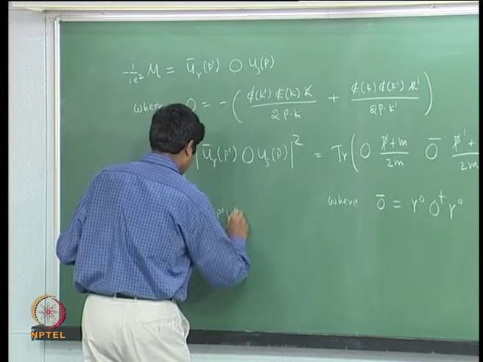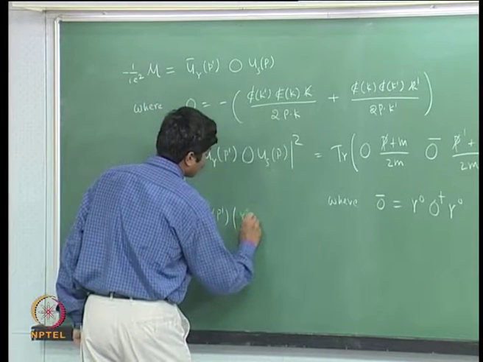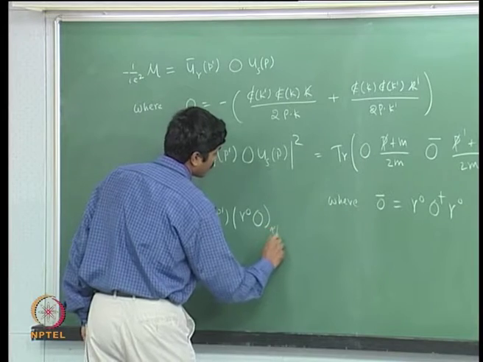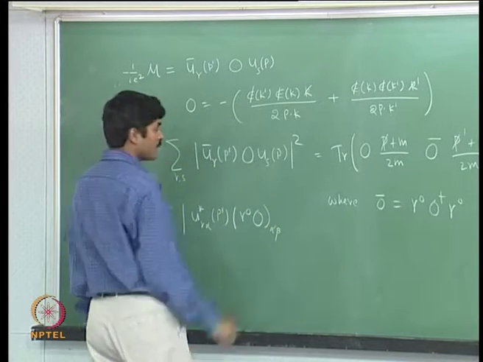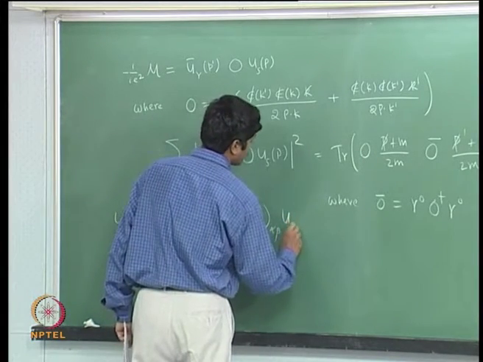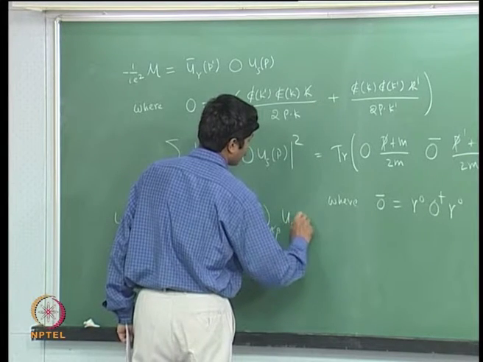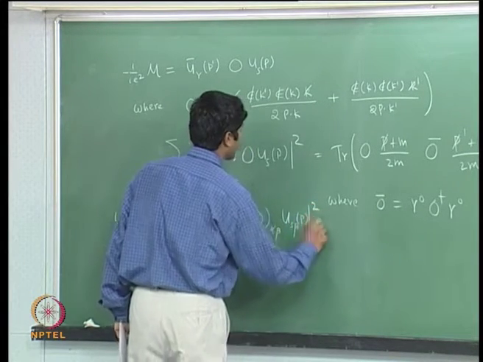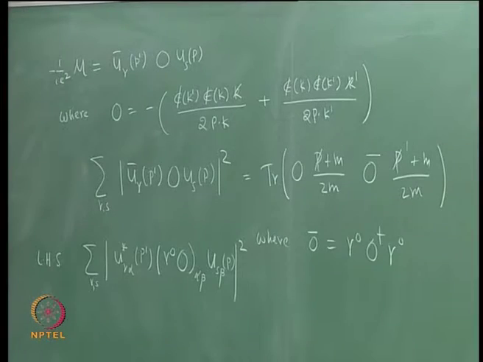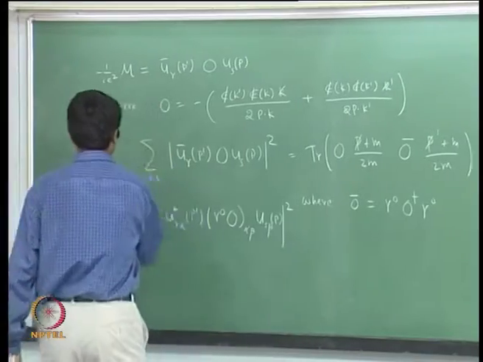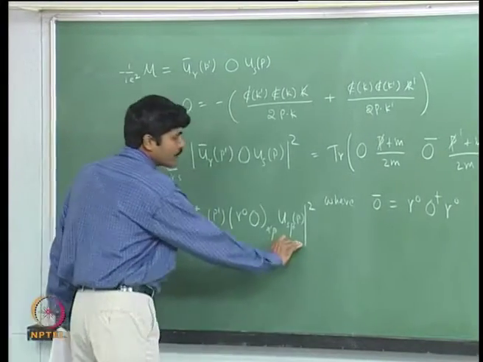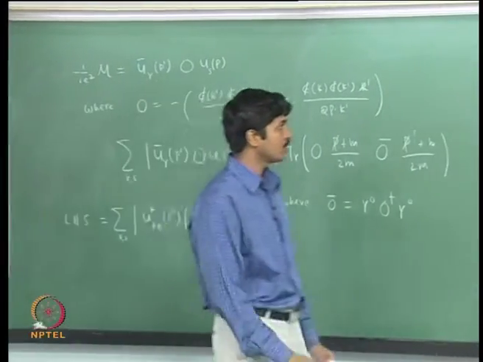So the alpha component of this, gamma 0 O alpha beta, and then u s beta of p, mod square. So what is the mod square of this quantity? It is just the conjugate of this times itself.